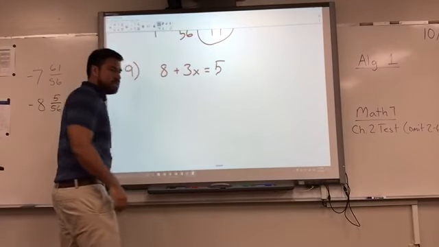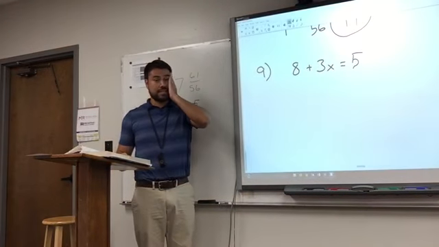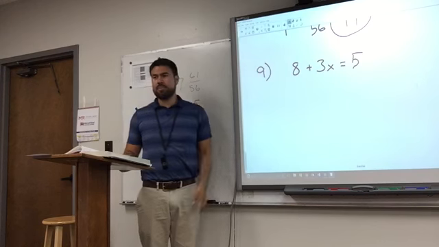So what I'm going to have somebody do is work out the first step, and then somebody else is going to do the second step. So one step per person.